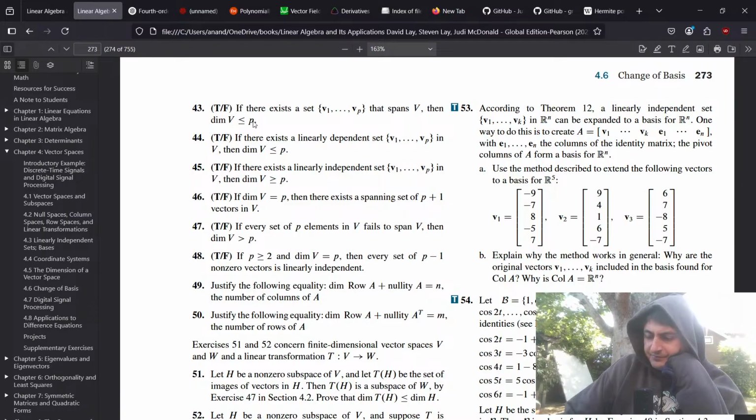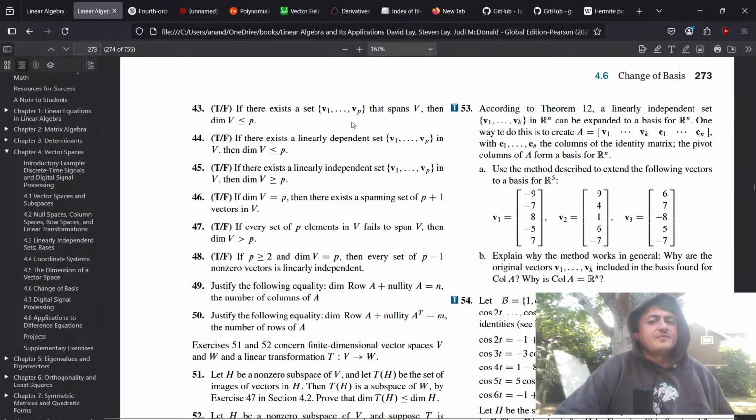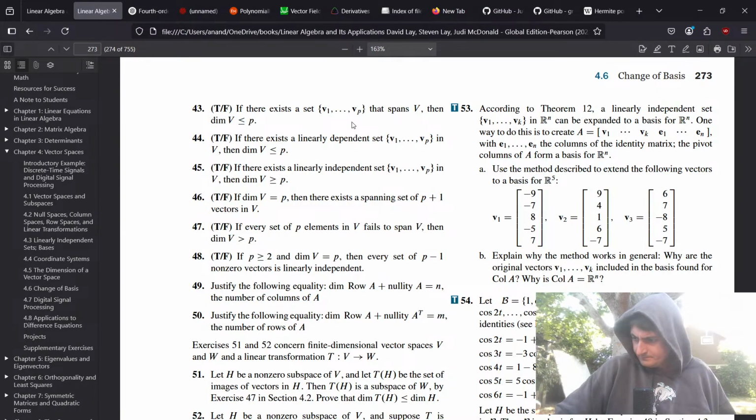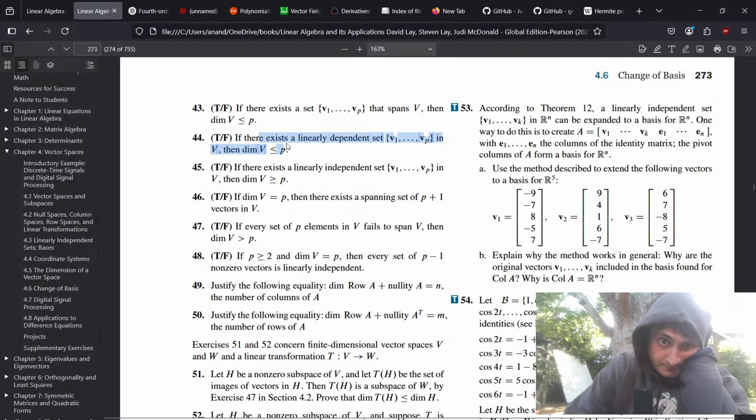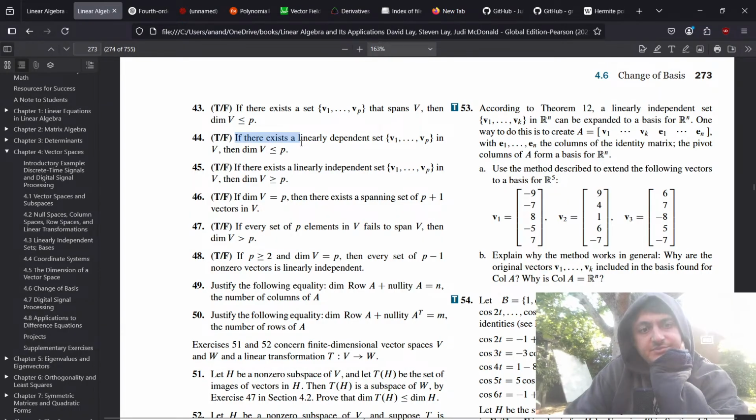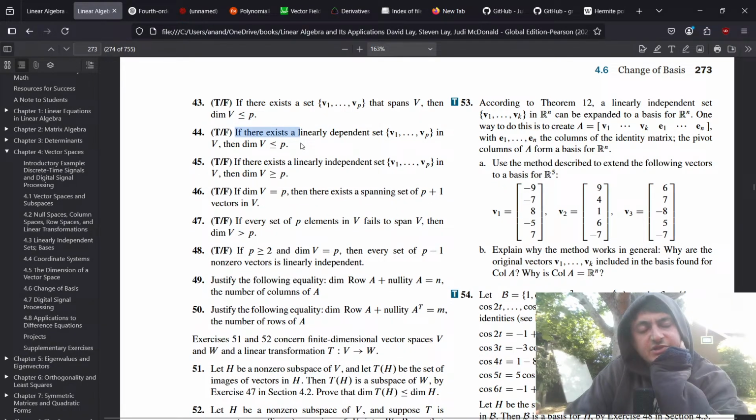Okay, 43. If there exists a set V1 to Vp that spans V, then the dimension of V has to be less than or equal to p. That's true. If there exists a linearly dependent set V1 to Vp in V, then the dimension of V is less than or equal to p.